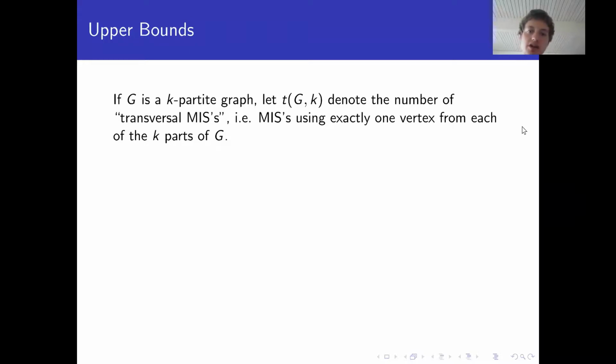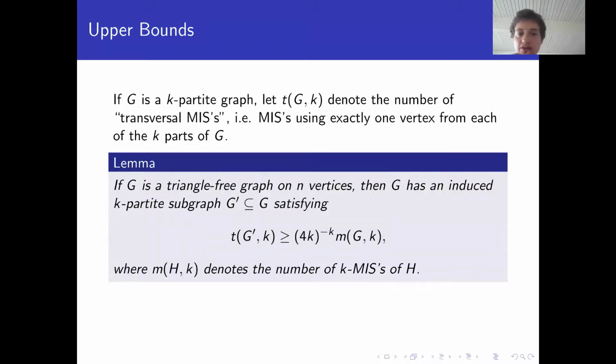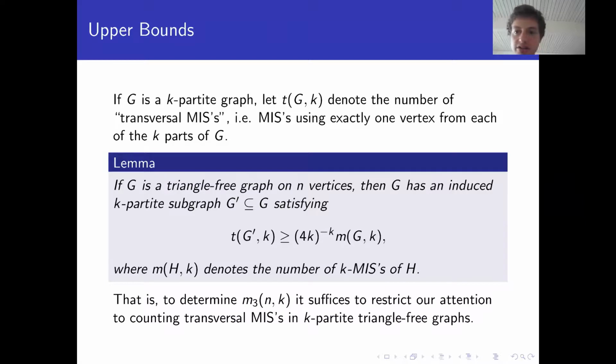So if G is a k-partite graph, we'll let T_G,k denote the number of transversal MISs of G. Namely, these are the MISs which use exactly one vertex from each of the k parts of G. And a lemma we have is that for triangle-free graphs, you can find an induced subgraph G' of G, which is k-partite and such that its number of transversal k-MISs is at least a constant, depending on k, times the number of k-MISs of G. And basically what this is saying is that up to constants, determining M_3 and K, it's sufficient to determine this for k-partite triangle-free graphs, and moreover, we only have to count transversal MISs amongst such graphs.